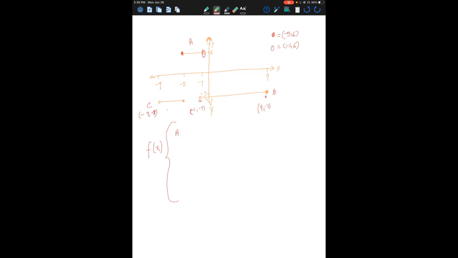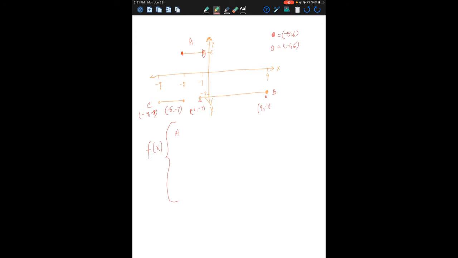Then you have negative 5, negative 7, which is included in the function. So those are the coordinates we have.